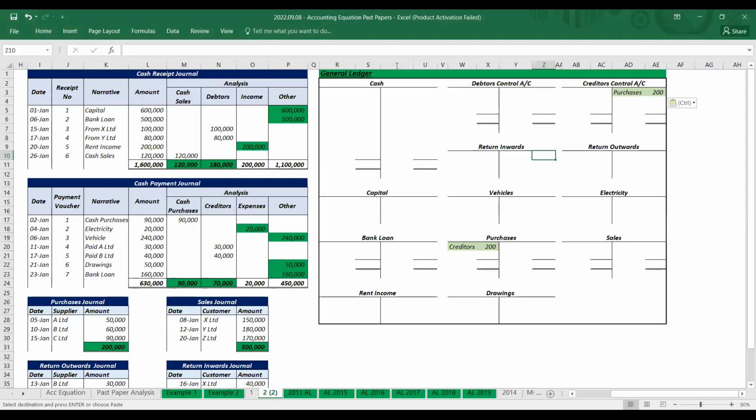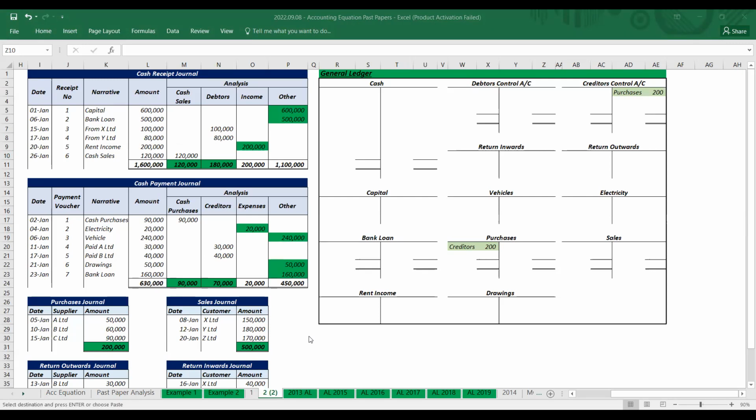There is another question: here purchases means the stock purchases? Yes, if they have not mentioned the item, whether it's a motor vehicle, furniture, or anything, we consider it as stock purchases. Then the purchases are done. Then sales.